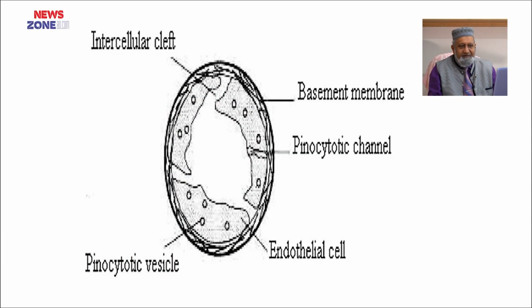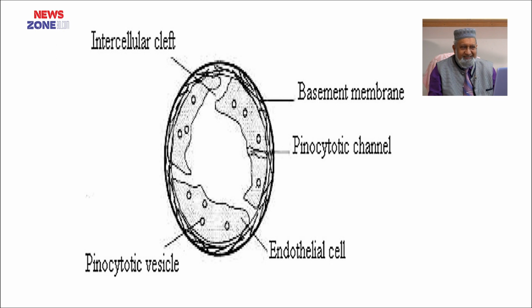Sometimes I asked you in the last class what the structure of a capillary is, but mostly you failed to answer. So, a capillary is lined by endothelial cells supported by a basement membrane.